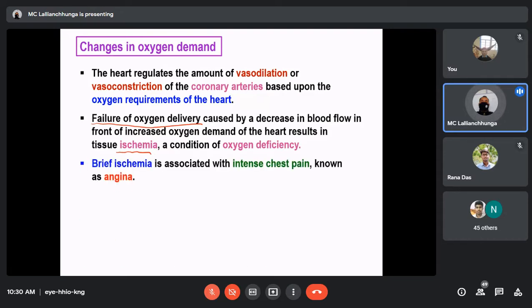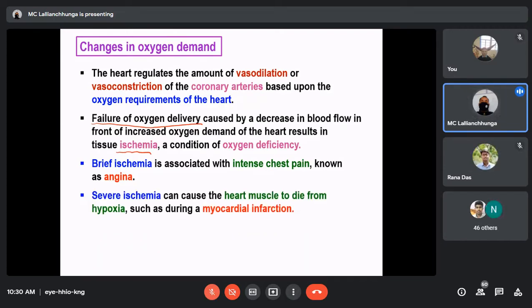Brief ischemia is associated with intense chest pain known as angina. So when your heart muscle has a low level of oxygen, it will lead to chest pain. This is because of deficiency of oxygen, and this condition is known as angina, of brief duration.